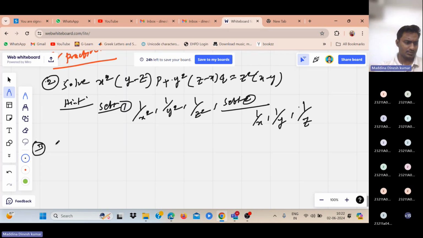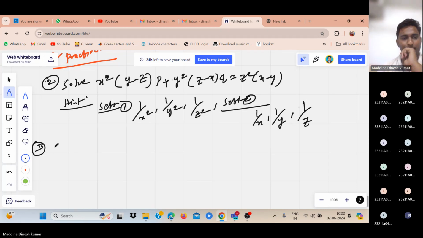Please better z minus y. Already two times is there, one problem. Z minus y. Okay. So one more problem also I will give for you people.